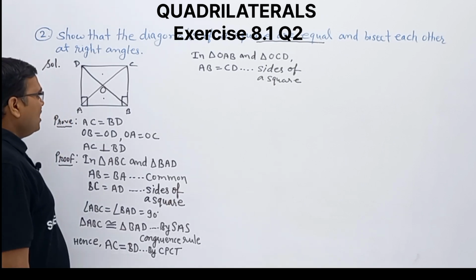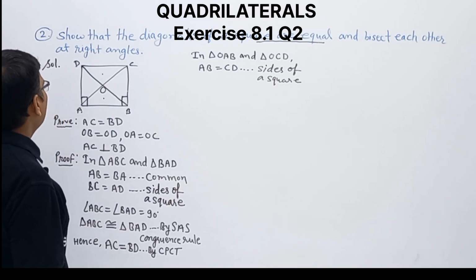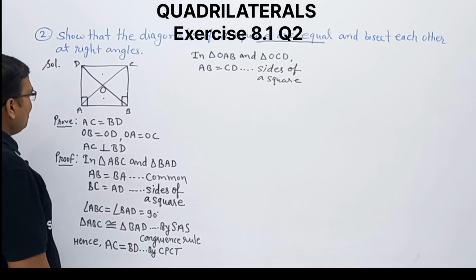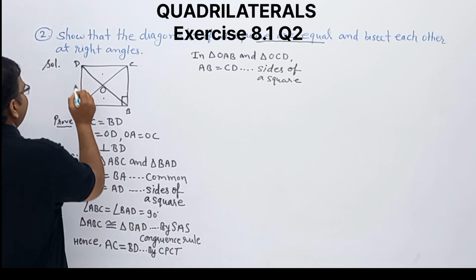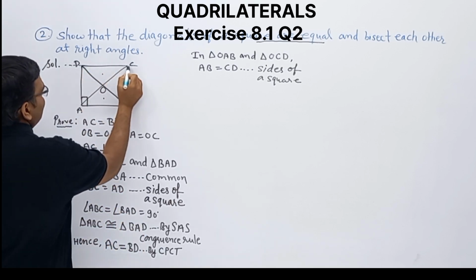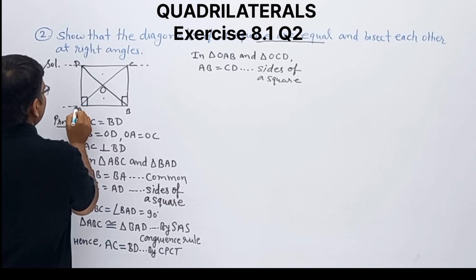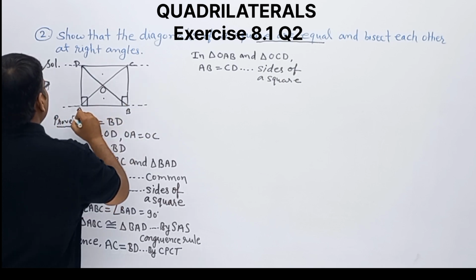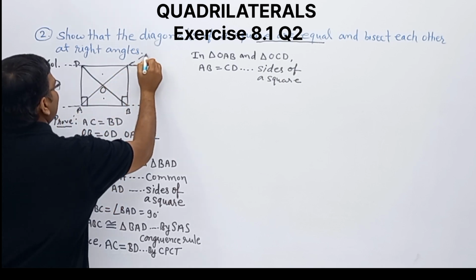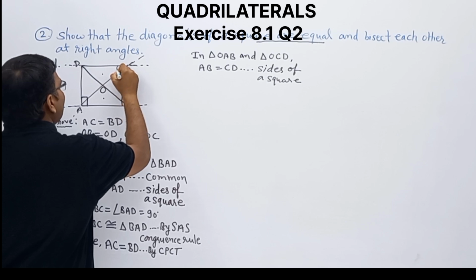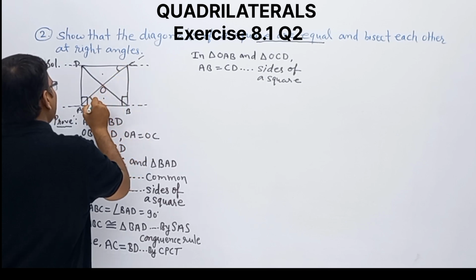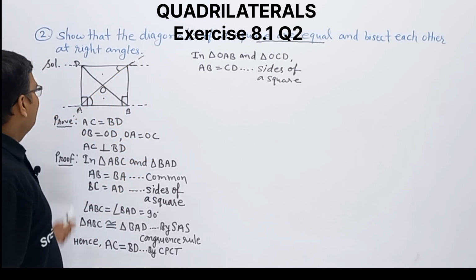Now what is another common thing? Once we consider these two parallel lines and this one as a transversal, this angle will be equal to this one. Yes or no?